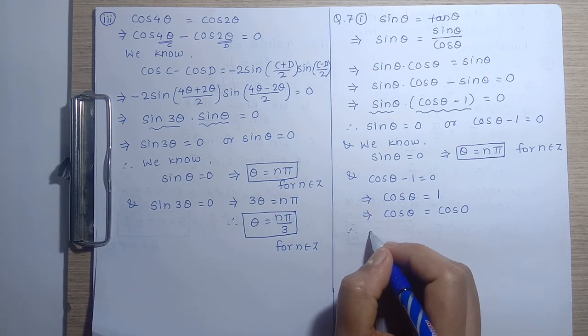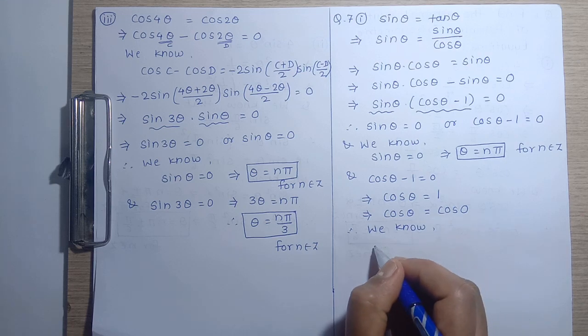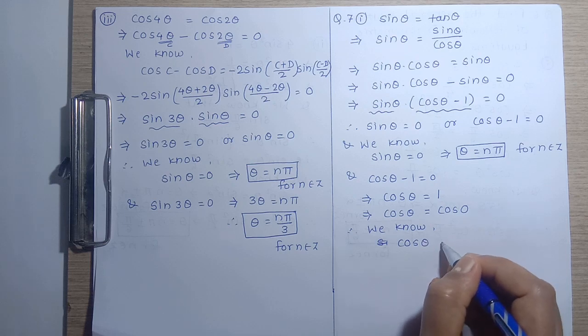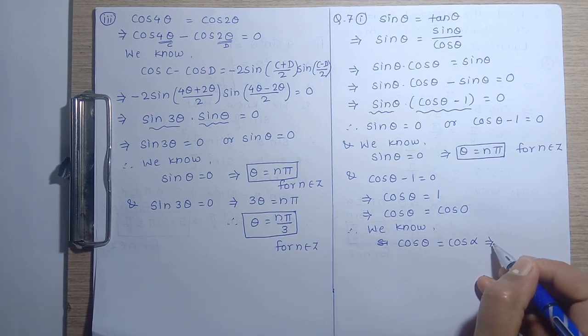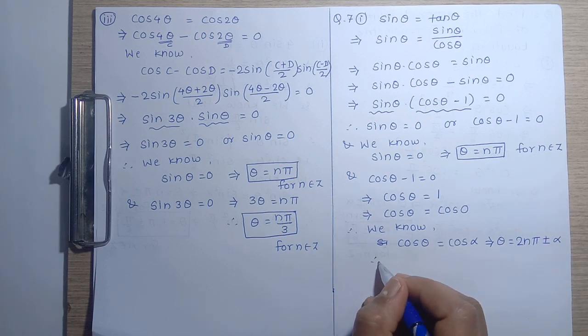Okay, therefore, we know the solution for cos theta is equal to cos alpha is theta is equal to 2n pi plus or minus alpha.